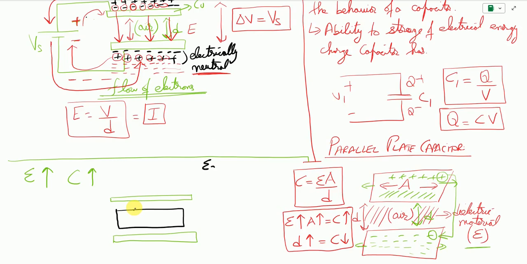In free space, its value is 8.85 × 10^-12 farad per meter, farad being the unit of capacitance. This is the value if you are using free space, which means an air gap between them. But if the material is changed, the value of permittivity, which is epsilon naught, is also going to vary. So let us say I take any dielectric material, how is the capacitance going to increase?